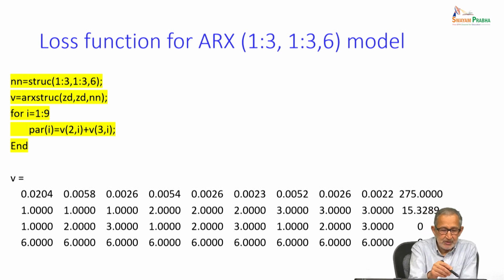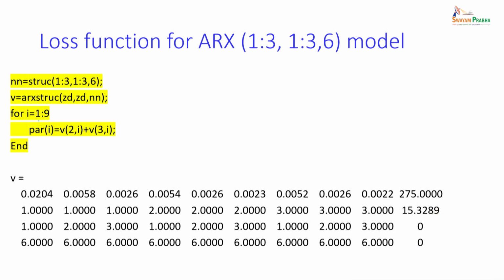So altogether we are going to estimate 9 different models. Here is the A polynomial order, here is the B polynomial order, and here is the loss function, and the delay remains fixed at 6 intervals. And what you find is that the lowest loss function is either this or this or this.